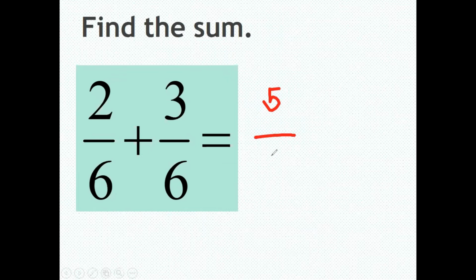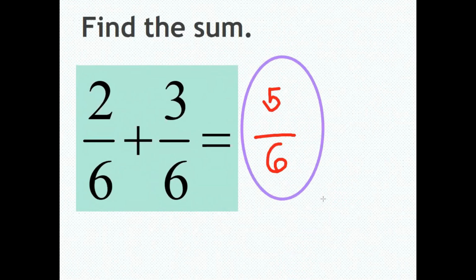Yes, we simply copy the same denominator. So there. Our answer is 5 sixths. Since 5 sixths is already expressed in lowest terms, this serves as the final answer already. Again, 5 sixths is the final answer.